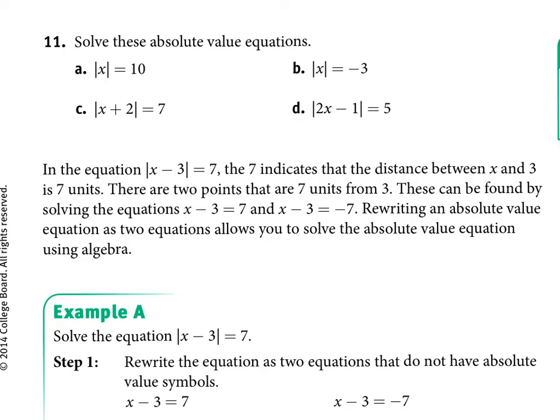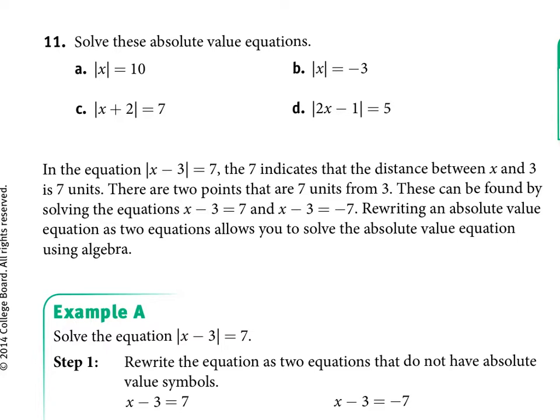Okay, so now let's look at solving absolute value equations. Because absolute value is the distance from 0, and there are always 2 numbers that have the same distance from 0, when you get a question like A here, absolute value equaling 10, you have to understand that the absolute value can also be -10 because they are both 10 units away from 0.